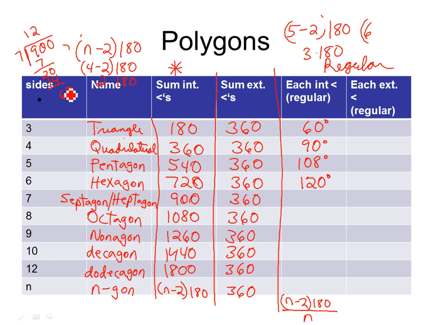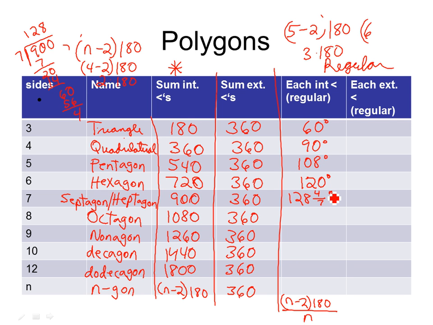How many 7s are in 60? 6, 7, 8. It's 56, right? I don't do things in my head. 4 left over. So the way I'm going to write this is 128 and 4/7 degrees.